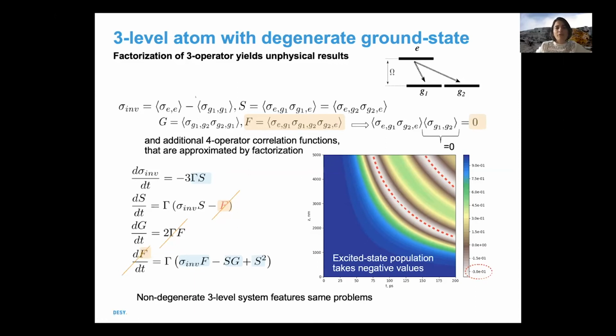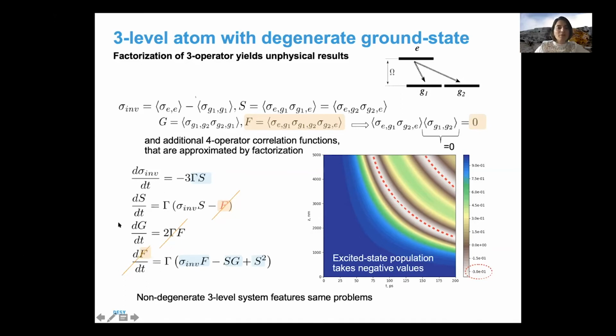For the 4 operator correlation functions, we were quite confident in just factorizing them. But if you try to factorize this 3 operator correlation function, you see that, due to symmetry reasons for this particular example, this correlation function would, in this approximation, be 0.